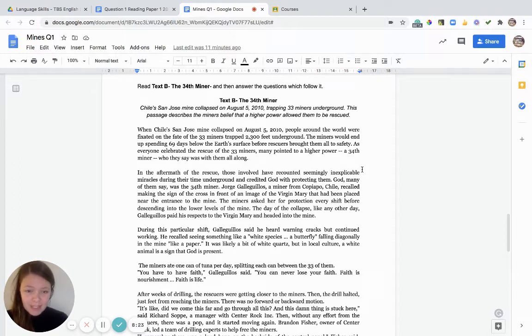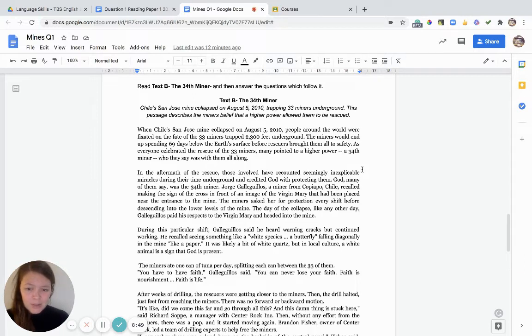The day of the collapse, like any other day, Gallegos paid his respects to the Virgin Mary and headed into the mine. During this particular shift, Gallegos said he heard warning cracks, but continued working. He recalled seeing something like a white species, a butterfly, falling diagonally in the mine, like a paper. It was likely a bit of white quartz, but in local culture, a white animal is a sign that God is present.